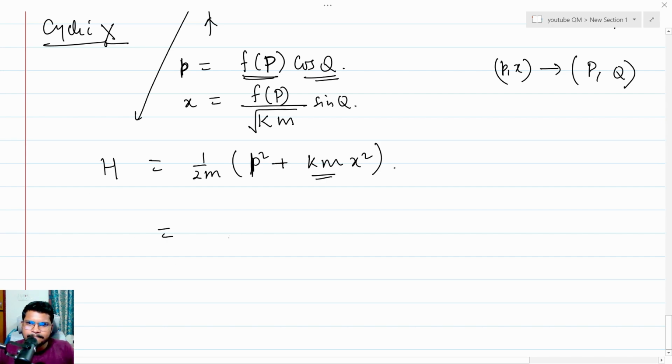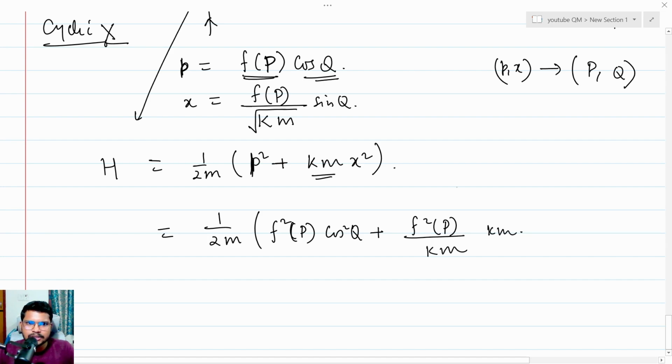Hamiltonian. So 1 by 2m, it's basically f square, some function of P, cos square Q, and this guy would be km, this is km over here, and x square sine square Q. Cancelled.